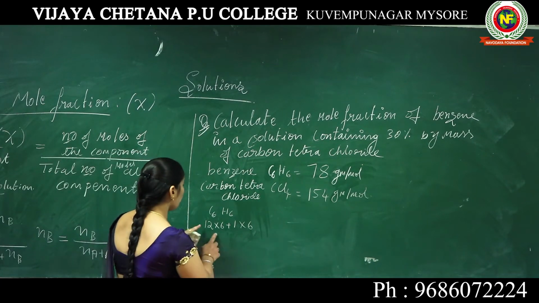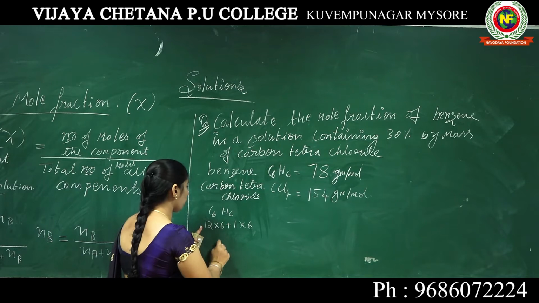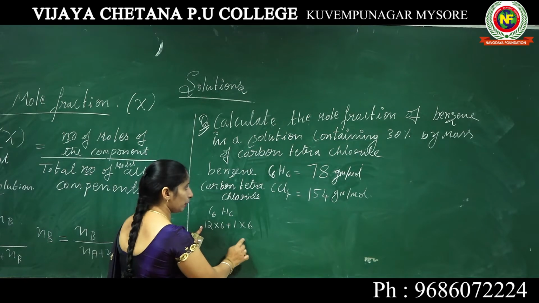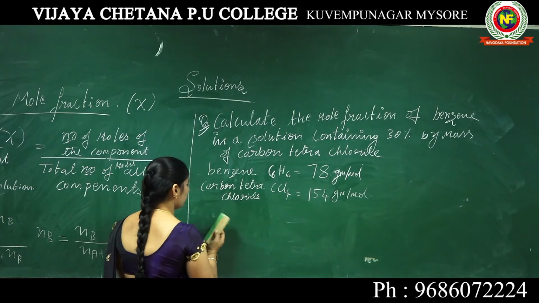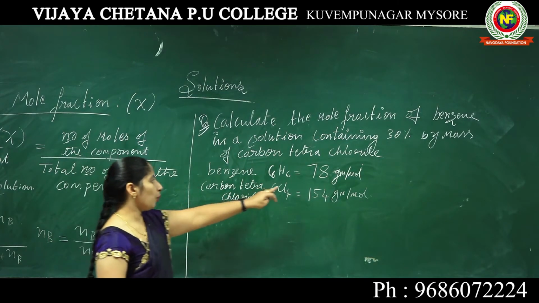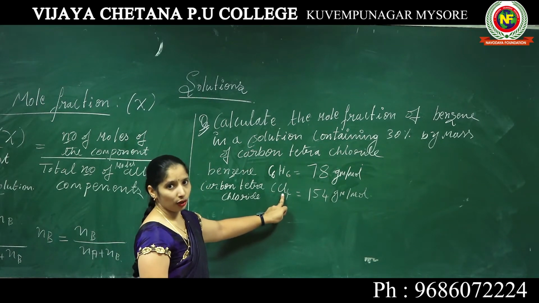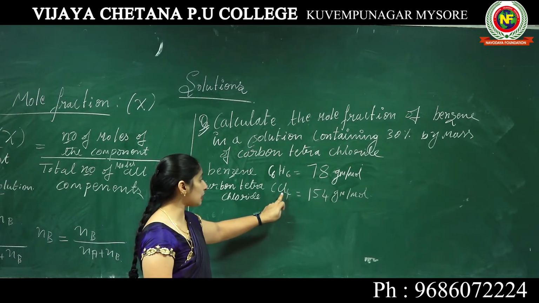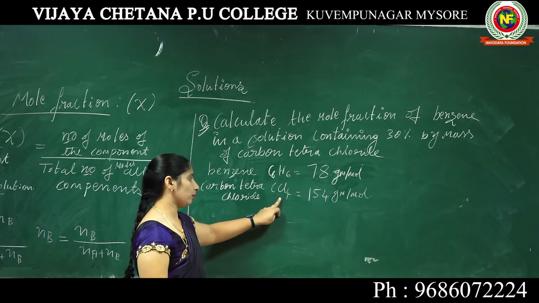Totally you get 78. Like this we have to find out the molecular mass. Here also, the chlorine has the mass number 35.